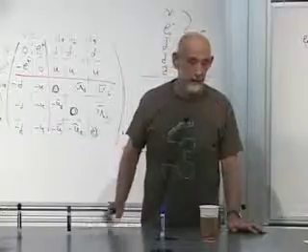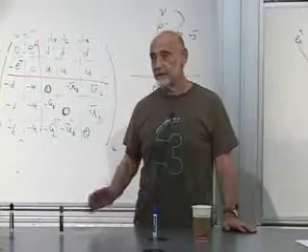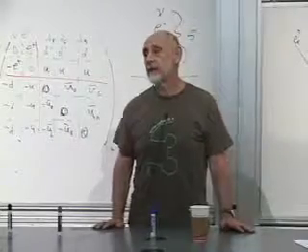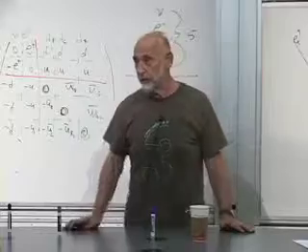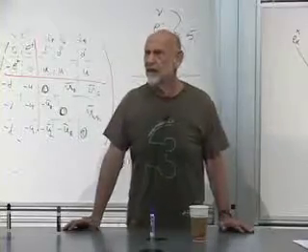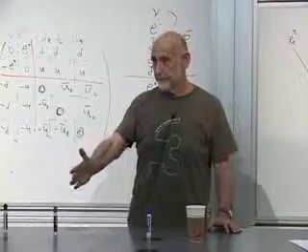Don't ask me how long that is. 10 to the minus 15th meters, 15 and 8 is what? 23, 10 to the minus 23rd seconds. Did I get that right? 10 to the minus 23rd seconds is the benchmark number.